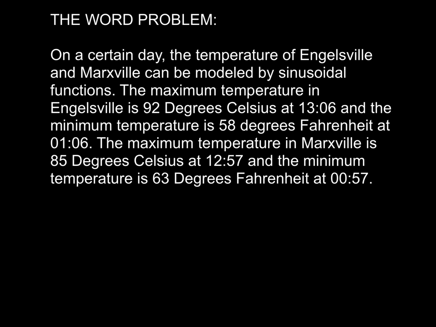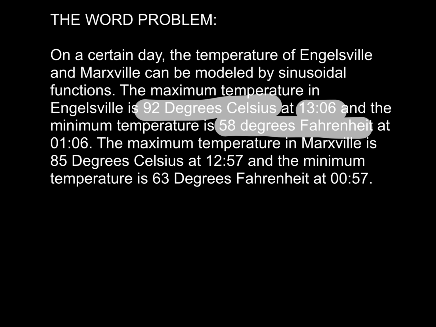So the word problem is, on a certain day, the temperature of Anglesville and Marksville can be modeled by a sinusoidal function. The maximum temperature in Anglesville is 92 degrees Fahrenheit at 1306, and the minimum temperature is 58 degrees Fahrenheit at 0106.